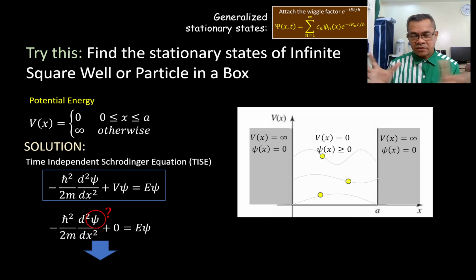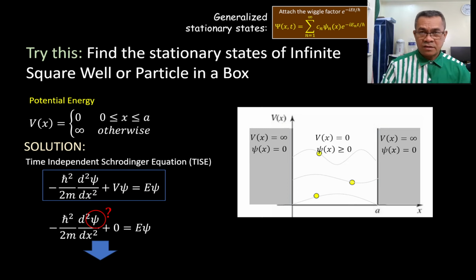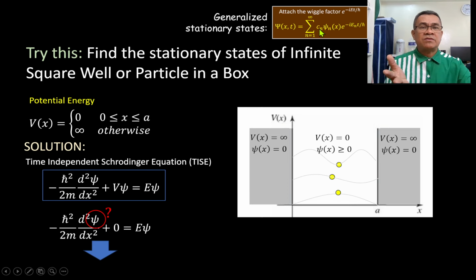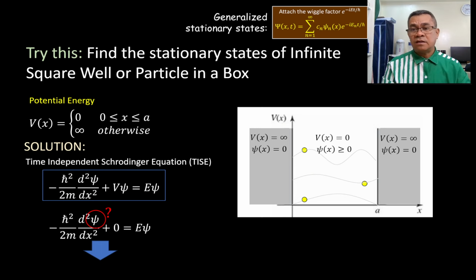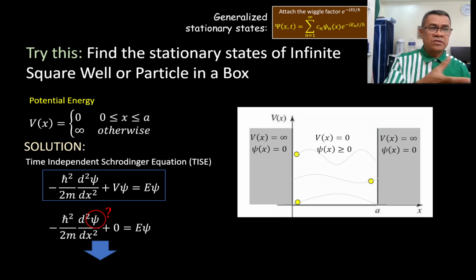Then of course, combine it with the coefficient of expansion, and then we can provide the psi. Of course, we can attach the wiggle factor, and take note that we need to solve for psi n. The coefficient of linear expansion depends on the system. If you are in an infinite square well, then we have to use the Fourier trick.